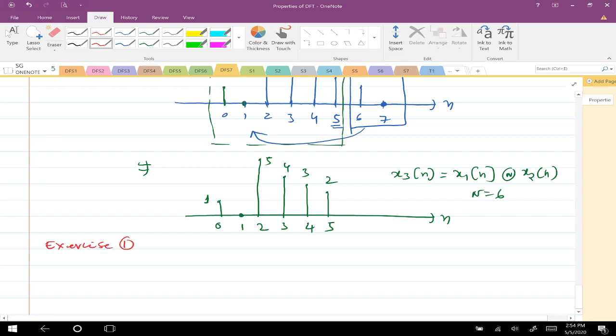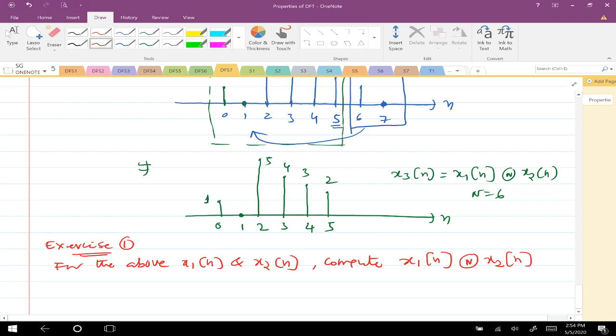Exercise 1: for the above x1 of n and x2 of n, compute the N-point circular convolution of x1 of n with x2 of n for capital N equal to 7.